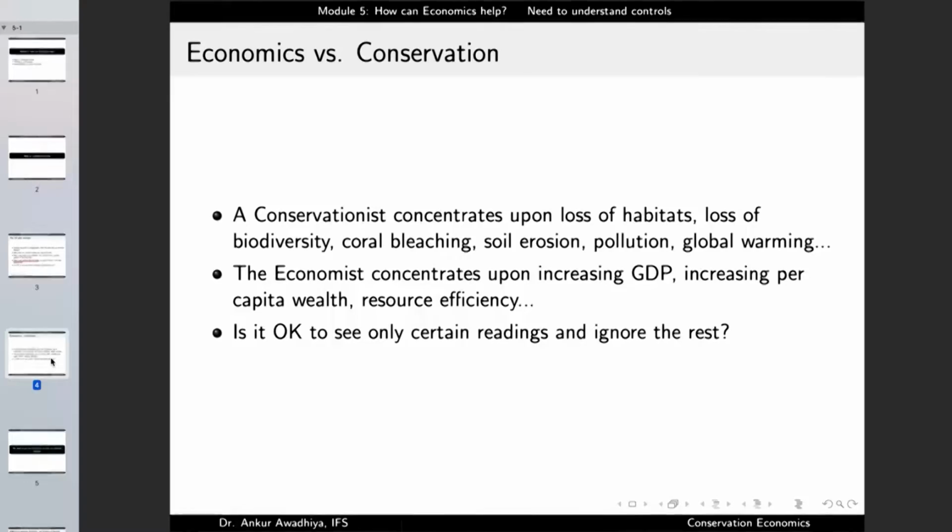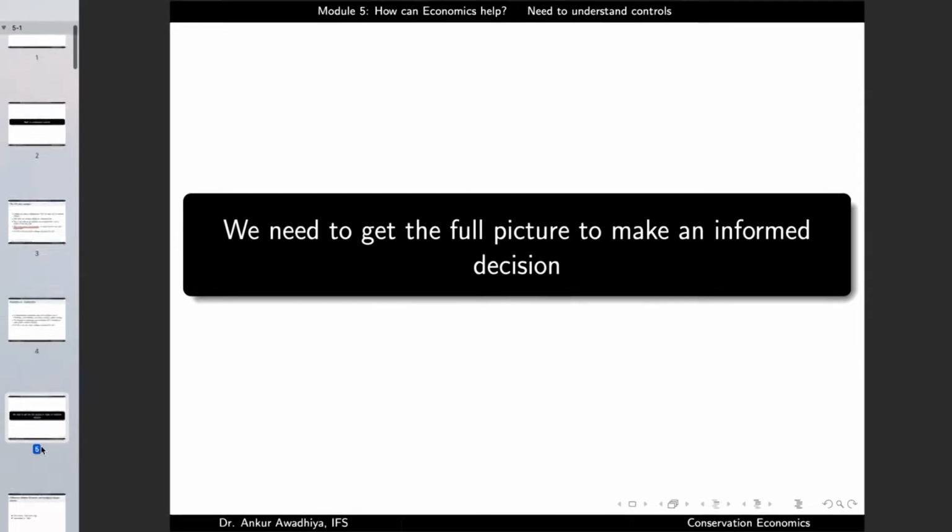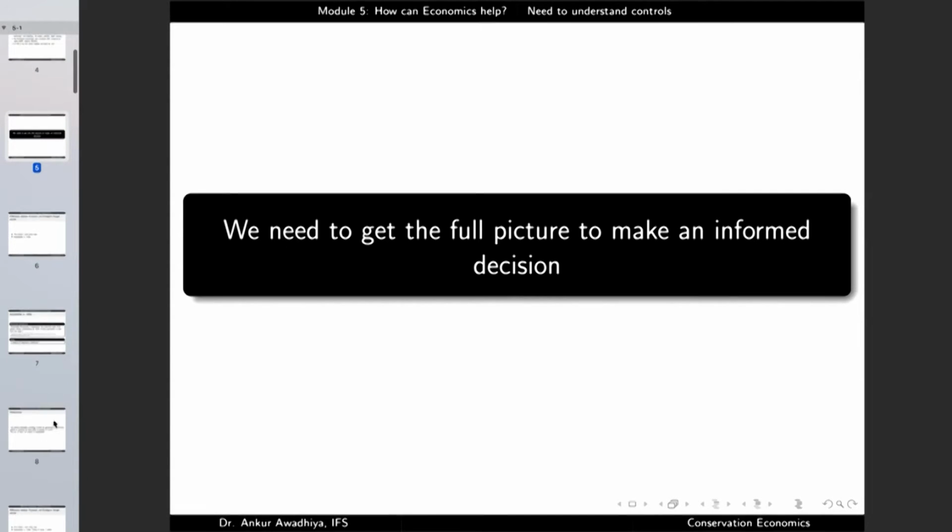So why is there a cause for concern? There's nothing wrong. Similar to the first pilot who was ignoring the readings of the fuel tank and saying that this plane is flying okay. Now, the question is, is it okay to see only certain readings and ignore the rest? Because if we do not take all the readings into account, it is possible that the plane may crash, or the earth may. So we need to get the full picture to make an informed decision.